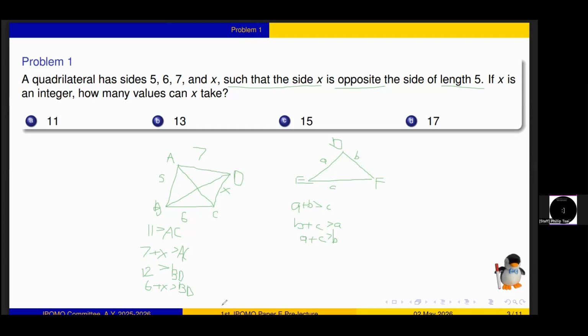Well, elimination could work, but I don't think it really does work because there's inequalities all around. So it kind of makes things a bit messy.